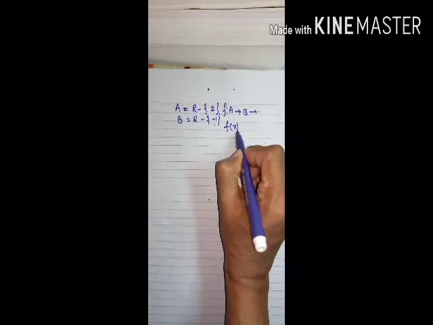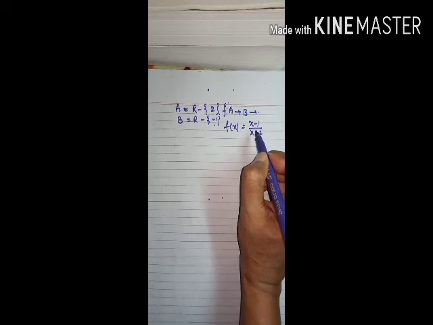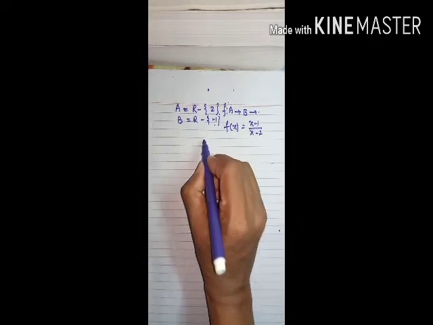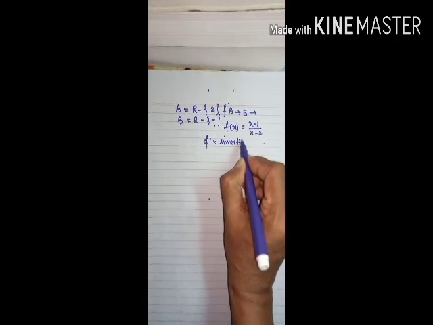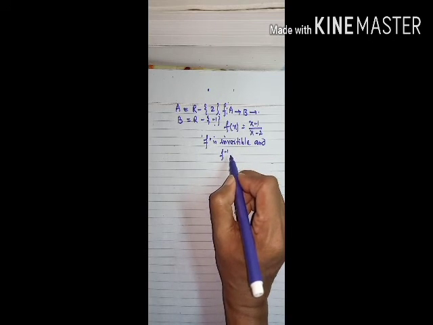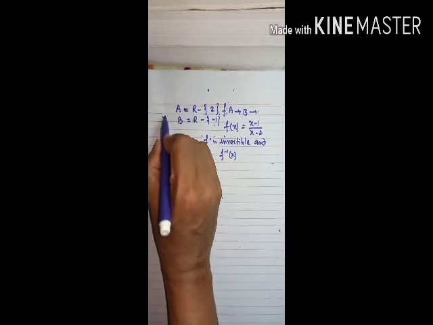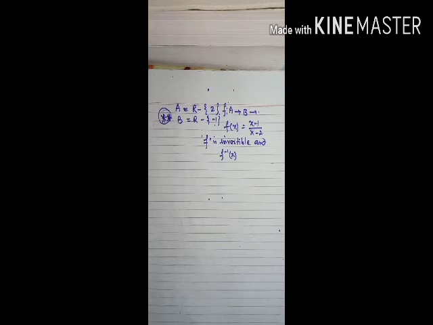So f of x is given as (x minus 1) by (x minus 2). Then prove that f is invertible and find f inverse of x. This is a very important question. Here A equal to R minus {2} means in real numbers we are not considering x equal to 2. Similarly, we are also not considering 1 in B.